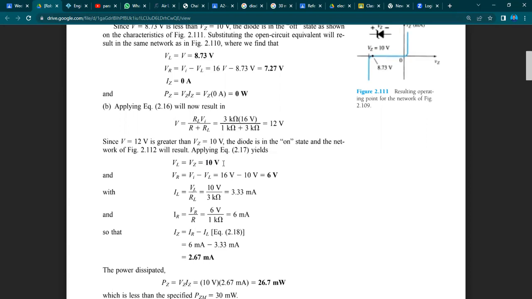The diode will turn on and behave as a short circuit, so the voltage across it would always be 10 volts. VR equals VI minus VL equals 16 volts minus 10 volts. Same method, we are applying KVL here.